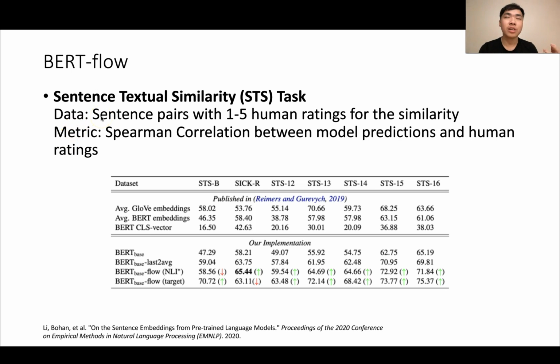It is basically constructed from a lot of different sentence pairs, and we have human ratings for all these sentence pairs. The metric we use here is the Spearman correlation between the model-predicted scores and the human ratings. You can see that after applying BERT-flow, we can obtain a much better result compared to simply averaging BERT embeddings.